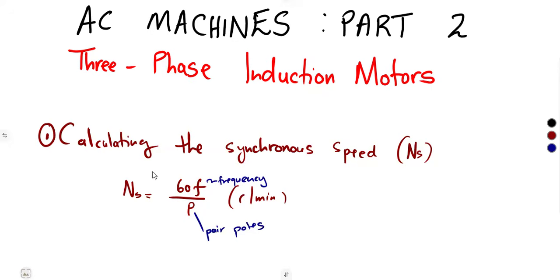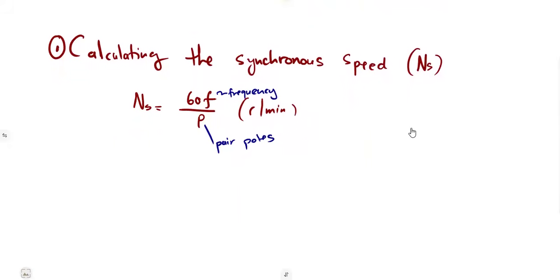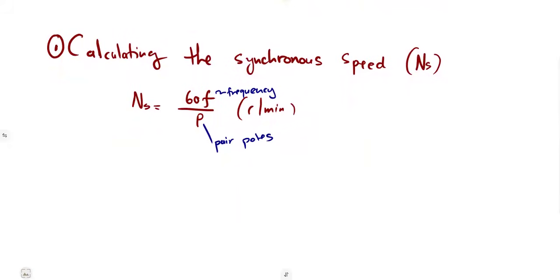So the synchronous speed and the actual speed will be used in the calculation of the slip. All right. So that will lead us to calculating the slip. So in this case, we are just gonna consider our slip as the relative speed. All right.